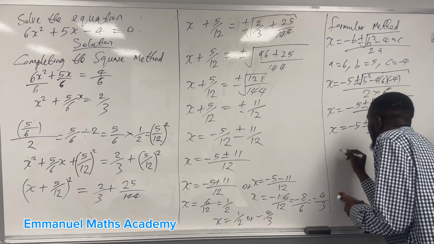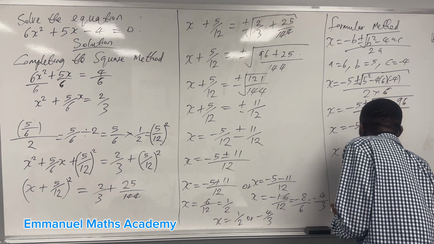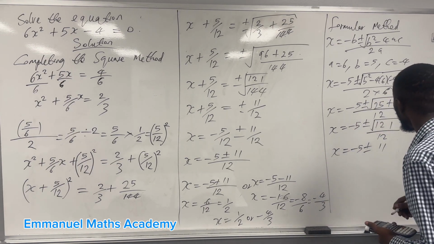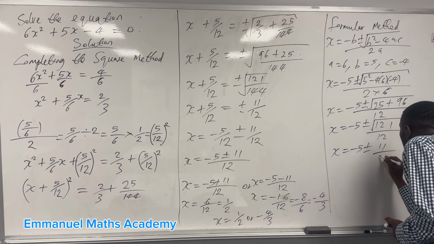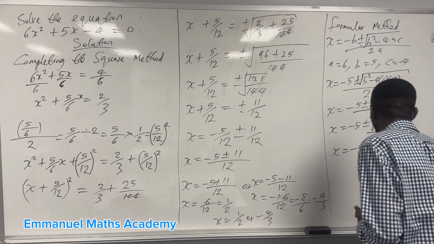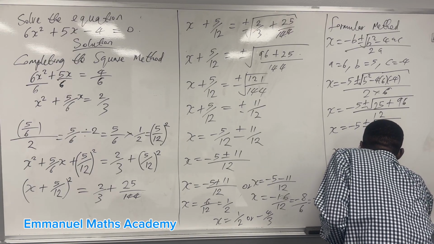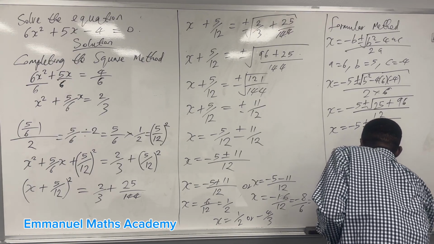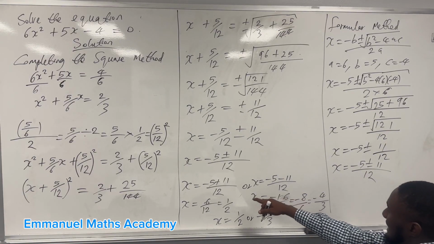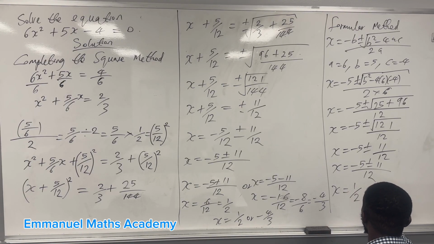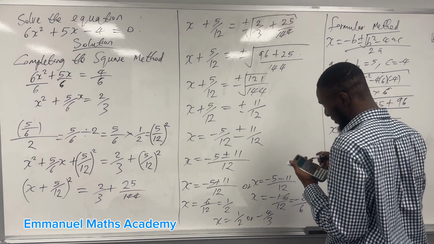The square root of 121 is what? It's 11. Minus 5 plus or minus 11 over 12. You should get back to this point. So hence, x is equal to 1 over 2 or minus 4 over 3 using any of the methods.